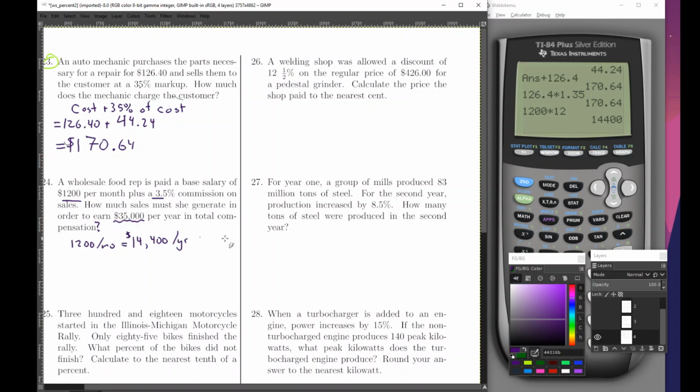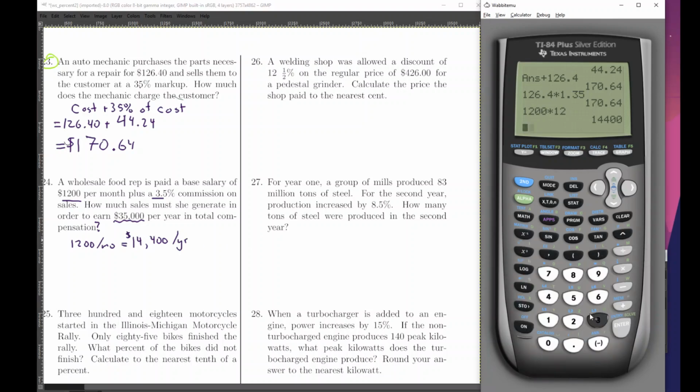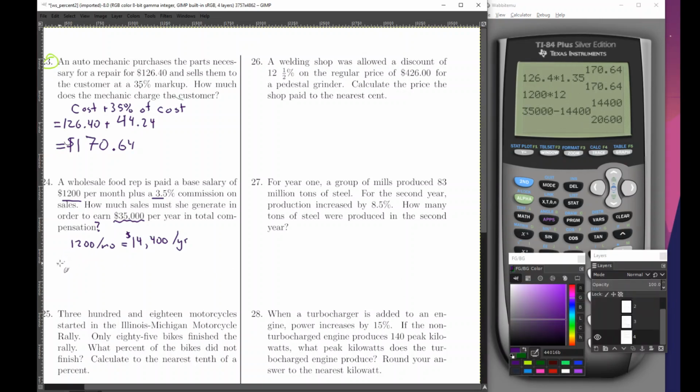That's her base salary. Let's take that 35,000 that she wants to make, and let's get rid of 14,400 of it. We need a $20,600 commission. So 20,600 is 3.5% of what value?